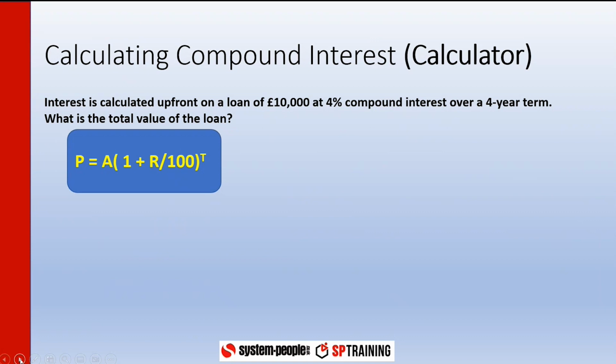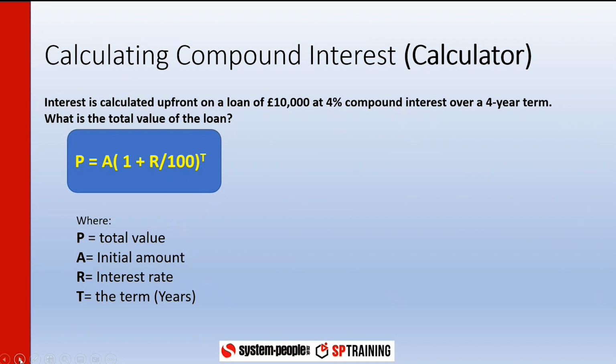Well, P is your total value of the loan over the 4 years. A is the initial amount, R is your interest rate, and T is the number of years or the terms of the loan. So A in this case is £10,000.